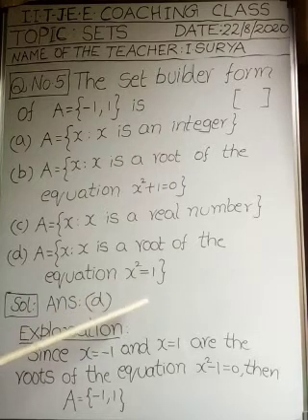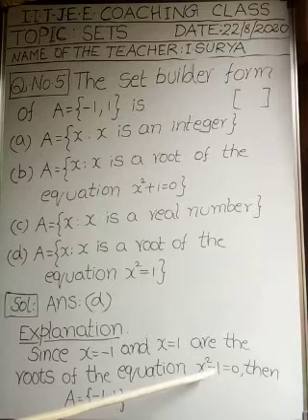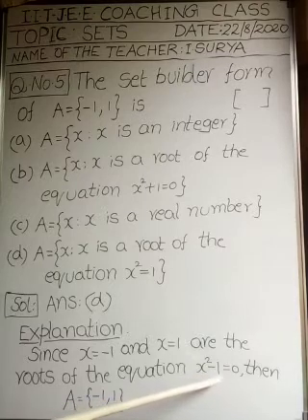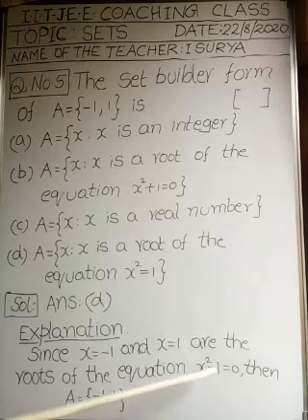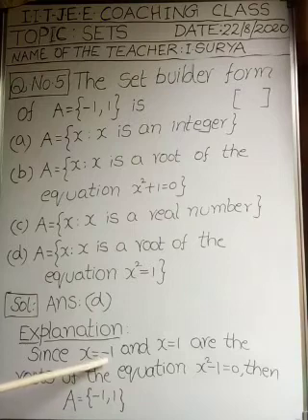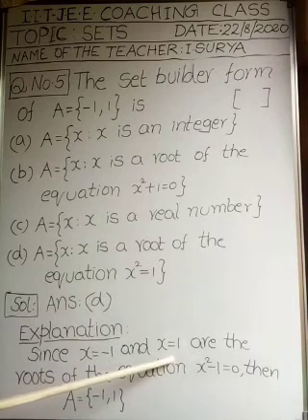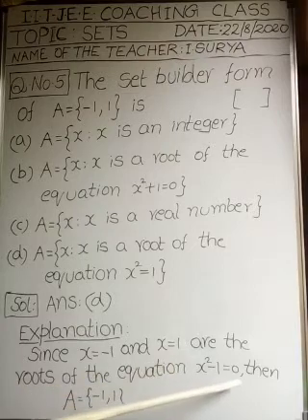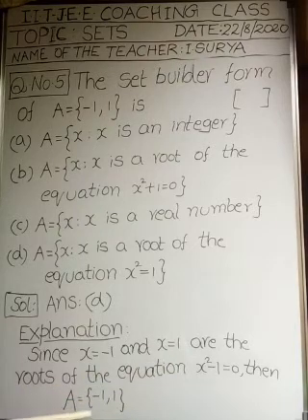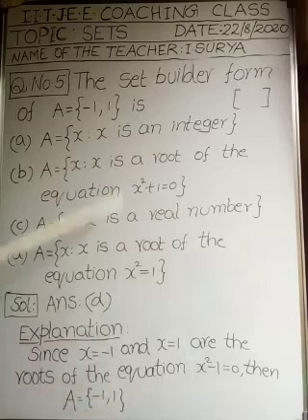Okay, my dear children, x square minus 1 is equal to 0. If you find the roots of this quadratic equation, we find the roots are x is equal to minus 1 and x is equal to 1. Understood this point, my dear children? Then a is equal to set minus 1 comma 1. This is set only. Understood this point, my dear children? Right.